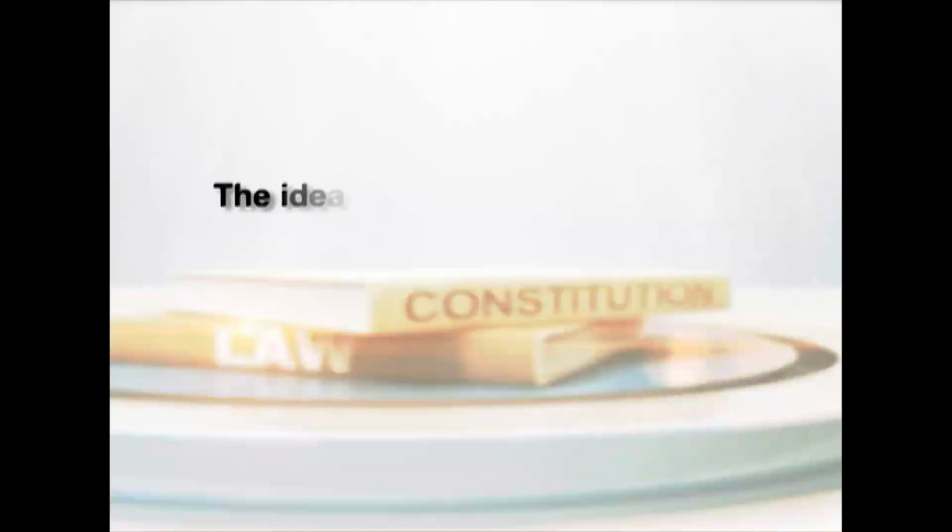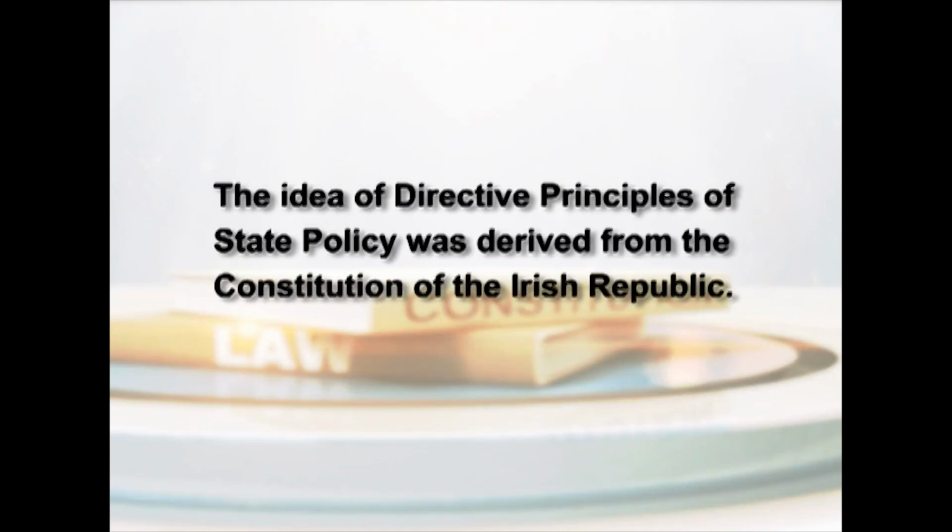Directive principles of state policy are in the form of instructions or guidelines to both the central and state governments. The idea of directive principles of state policy was derived from the Constitution of the Irish Republic. They were incorporated in our Constitution in order to provide social and economic justice to the people of India and to prevent concentration of wealth in the hands of a few people.